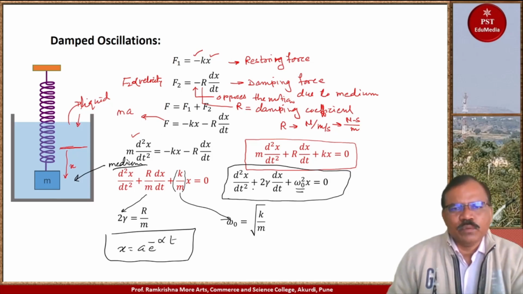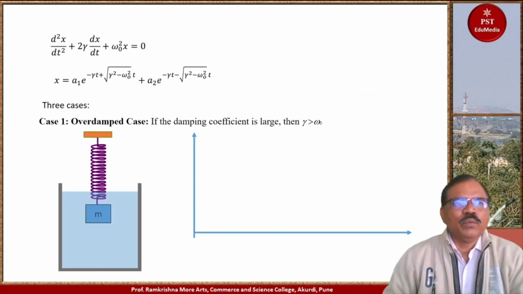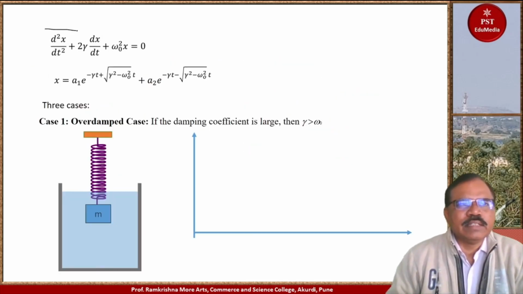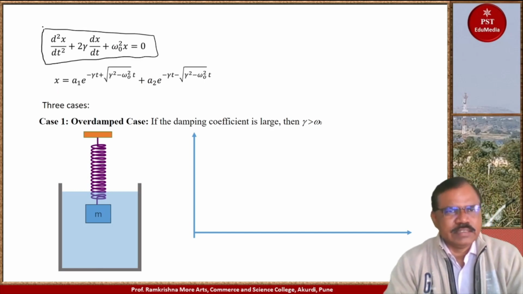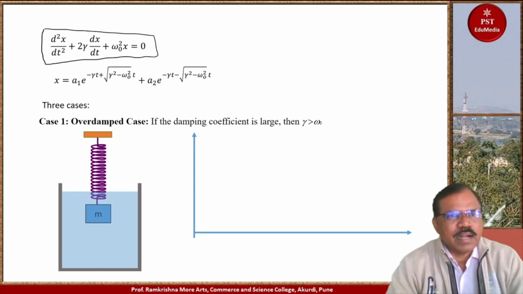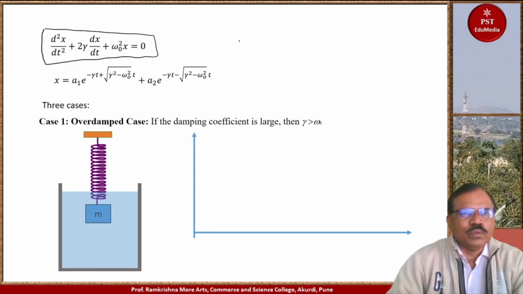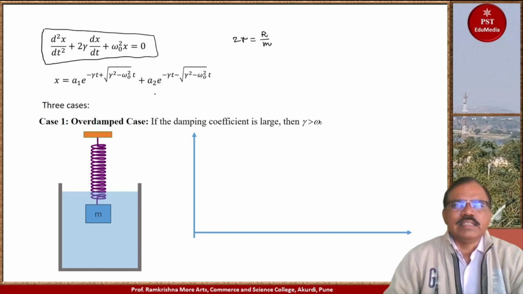Due to that, we get this differential equation: d2x by dt square plus 2 gamma dx by dt plus omega 0 square x is equal to 0, where 2 gamma is equal to r upon m. R is the damping coefficient.